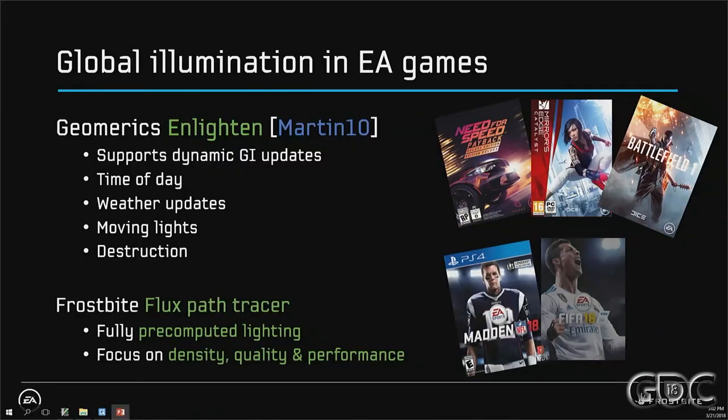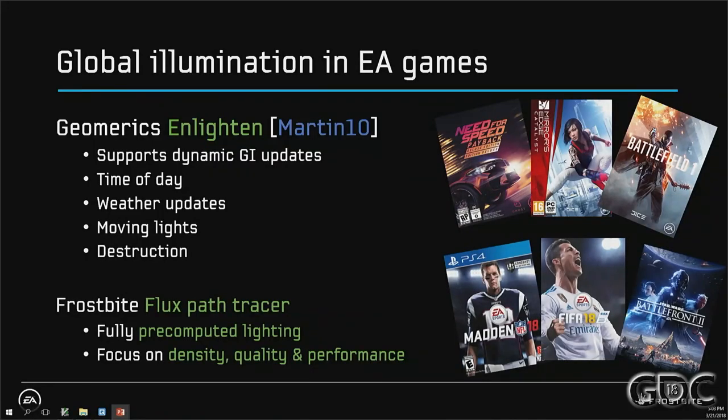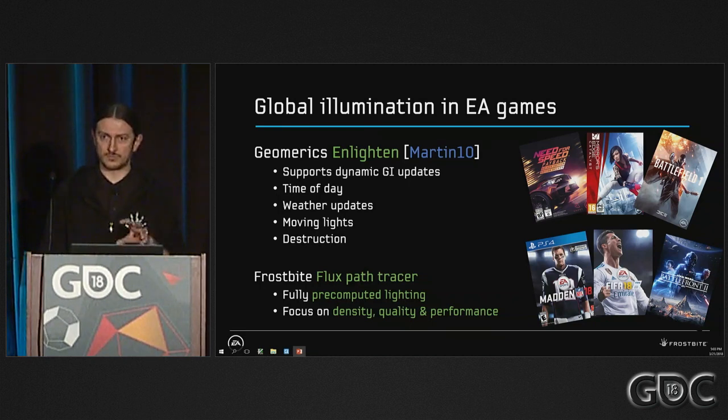It supports dynamic GI update, so you can run a dynamic time of day, moving light, and it supports also destruction. And on the side of that, we also can resolve global illumination data using Flux, which is our custom path tracer. And this is targeted to when we want fully pre-computed lighting, with a focus on high density, high quality, and performance. And this is used, for example, in Madden, FIFA, or Battlefront, or Star Wars Battlefront 2.